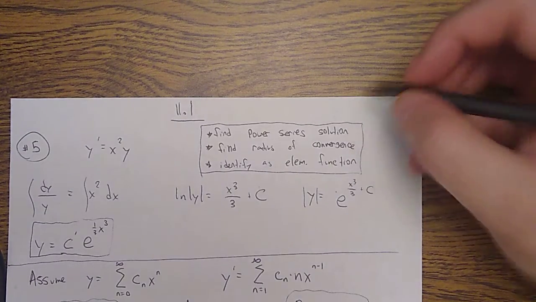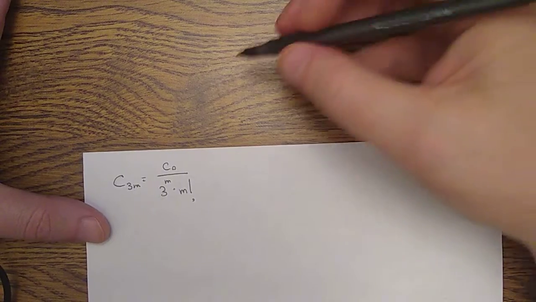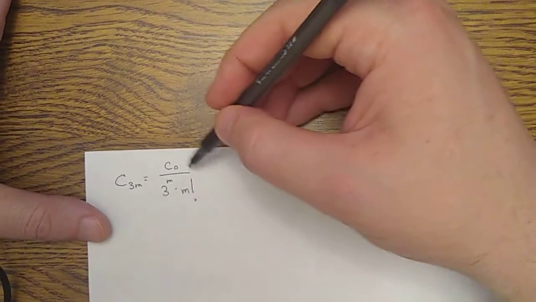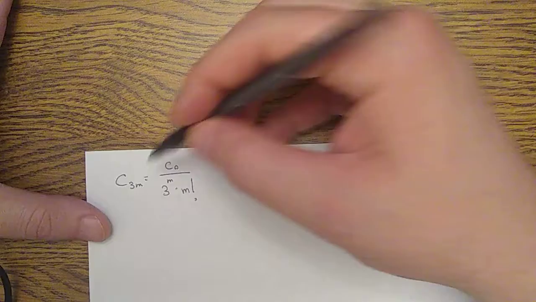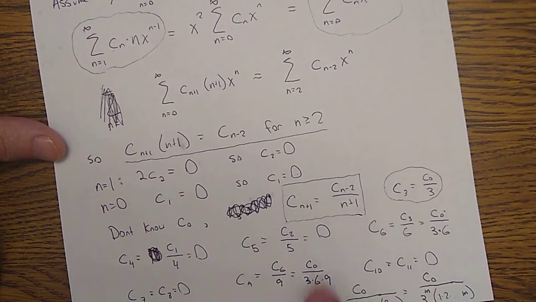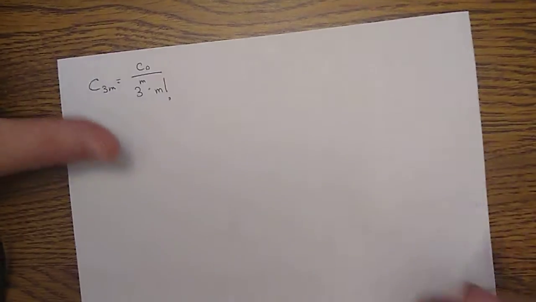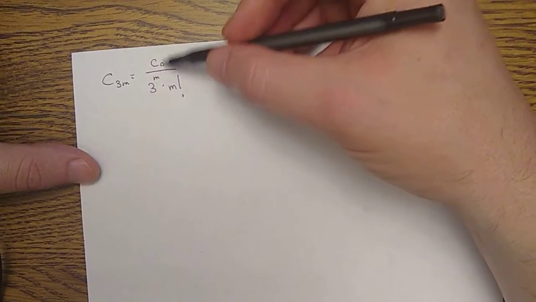So, where are we now? I would say that we found our power series solution. Our coefficient is, for all the subscripts that aren't a multiple of 3, like C sub 1, C sub 4, C sub 5, those are 0. If it is a multiple of 3, the coefficient is this.